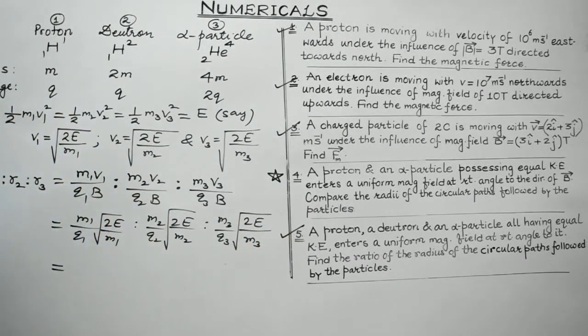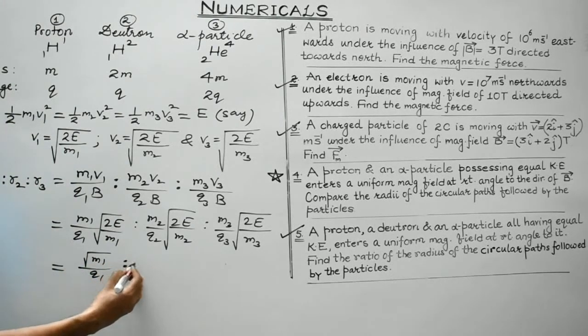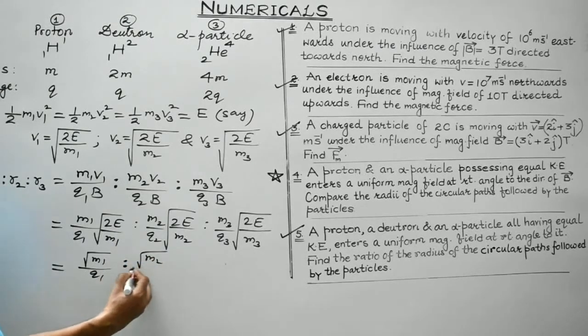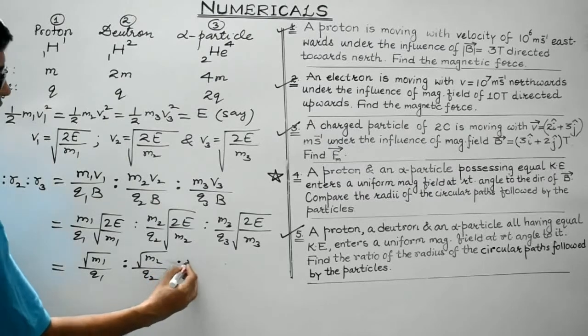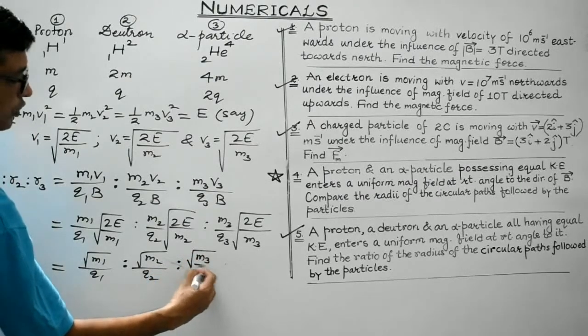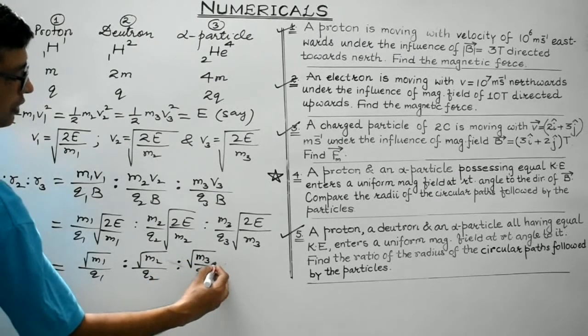On further simplifying, what we get is root m1 by q1 is to root m2 by q2 is to root m3 by q3.